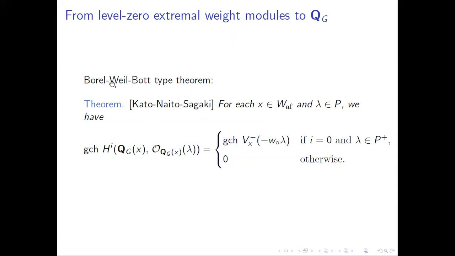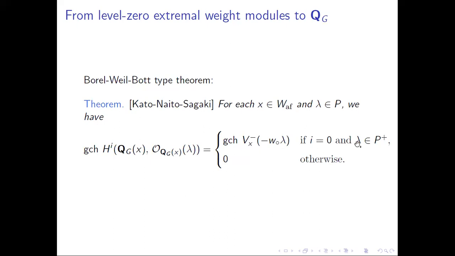They formulate a Borel-Weil-Bott type theorem in the semi-infinite setup. So they basically identify the ith cohomology of the Schubert variety with coefficients in the corresponding line bundle on it. They identify it with this opposite Demazure module.